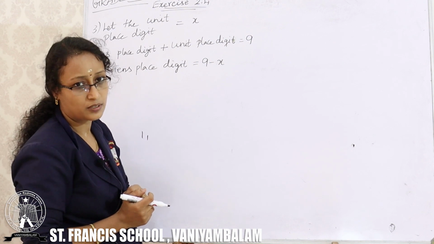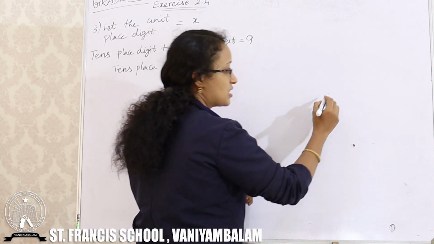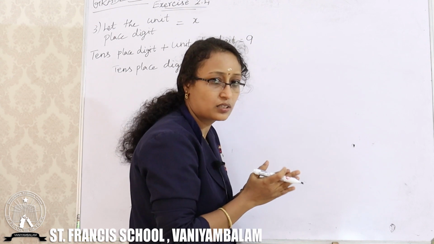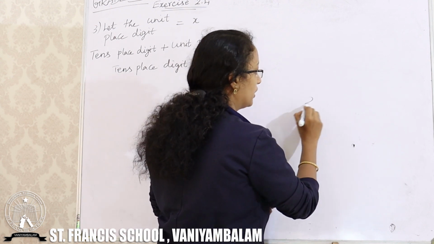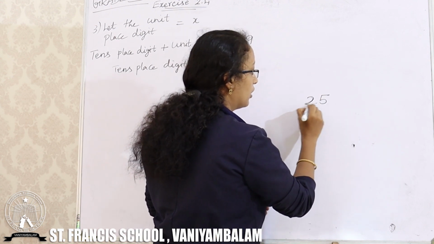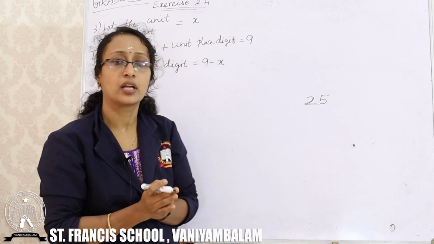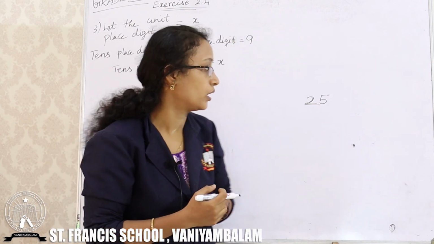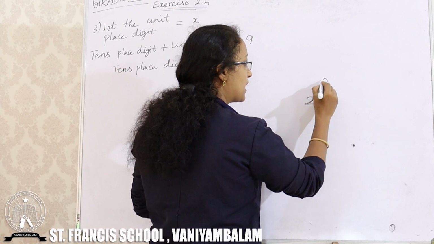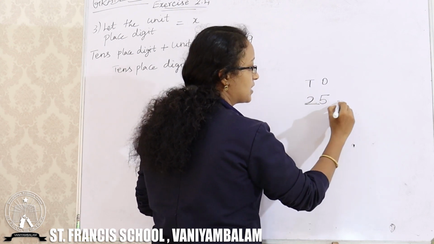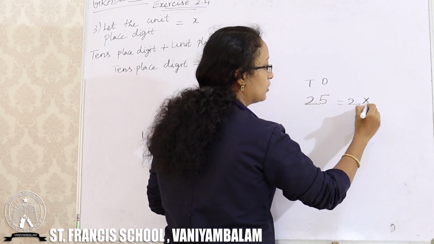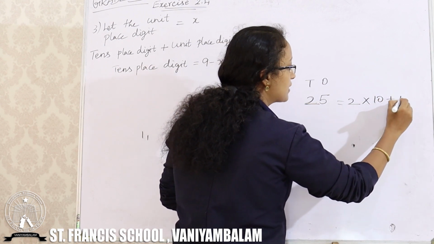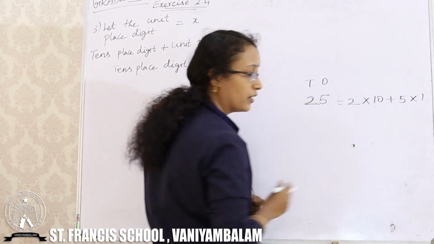Okay, I just want to tell you something. Just take one number, 25. How will you expand this 25? This is in ones place and this is in tens place, which is nothing but 2 into 10 plus 5 into 1, right?